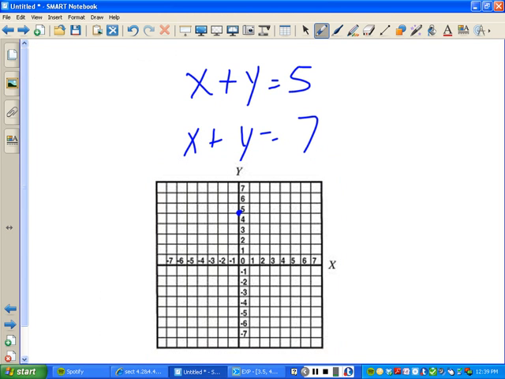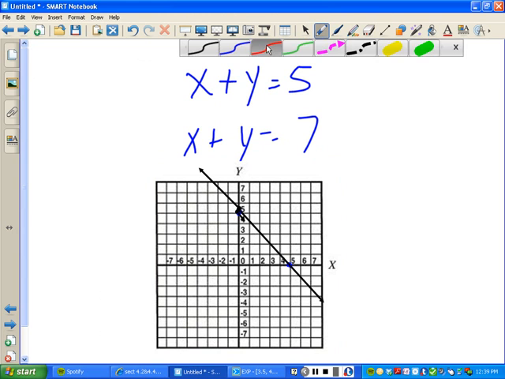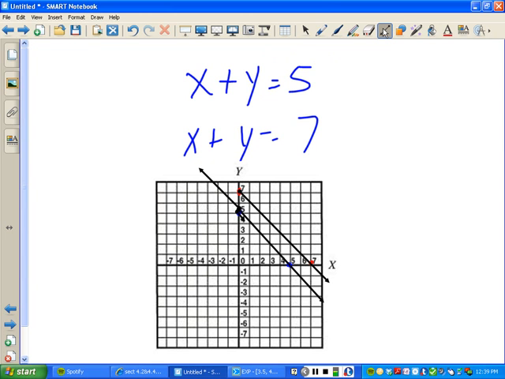Hopefully everybody sees that. And so when I draw a line, or I draw 2, okay? When I draw a line, it goes through there. Now 7 and 7, right? What happens? They have no intersection.